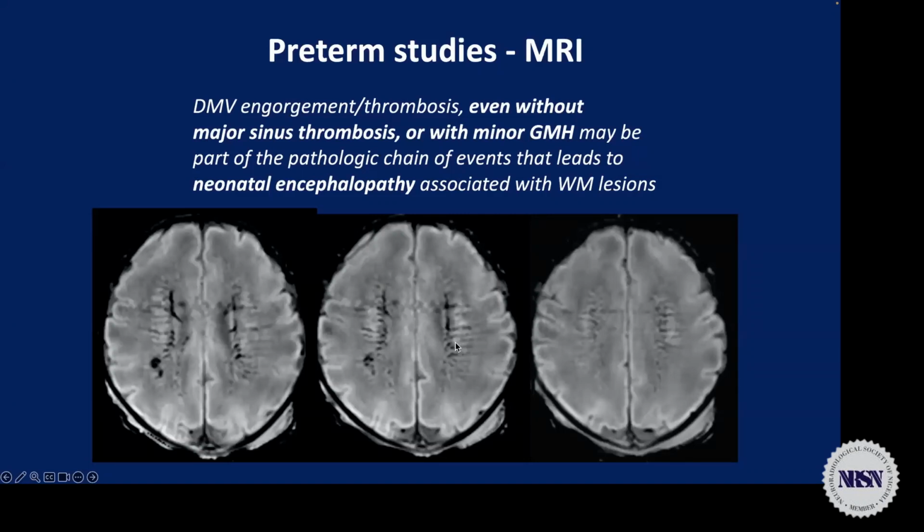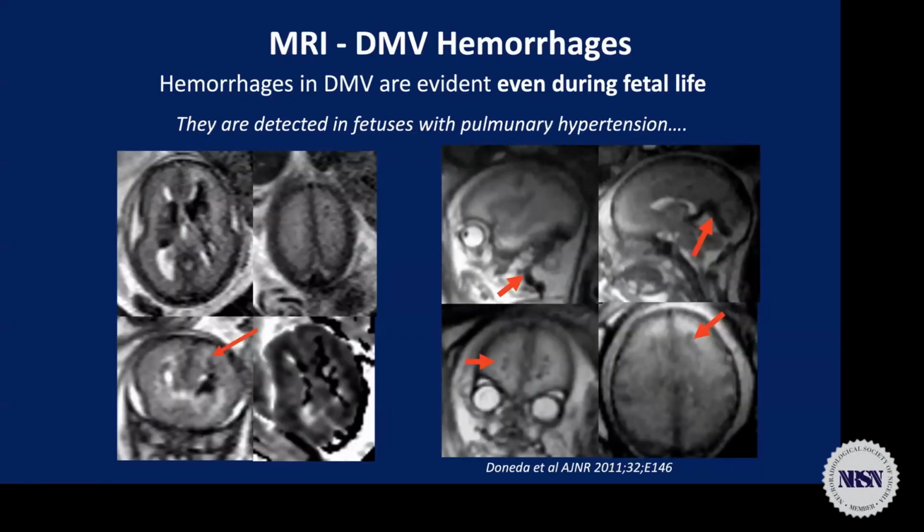You can see here the enlargement of the medullary vein that leads to periventricular hemorrhage. And we are now able to see this also in fetal studies. You can see here, once again, periventricular hemorrhage with venous engorgement.